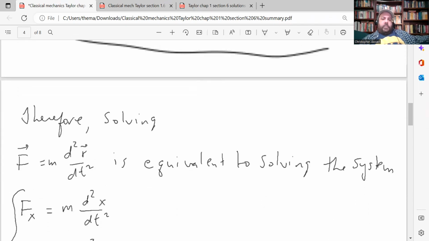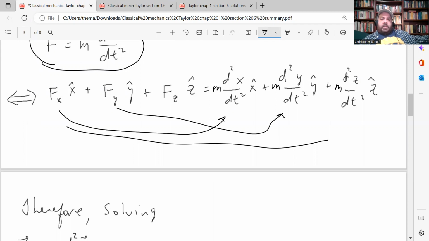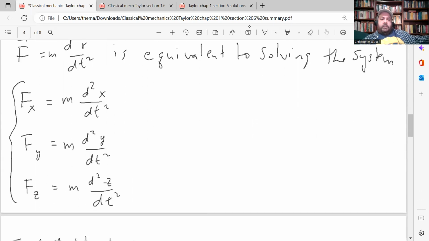Because of that, you can set the components equal to each other: set this equal to that, this equal to that, and this equal to that, and you get 3 linear second order ordinary differential equations whose form is identical to each other, just with the variables switched out. The first one involves the variable x, the second one involves the variable y, et cetera.